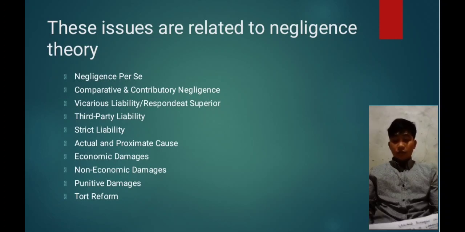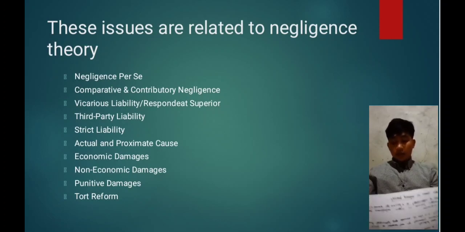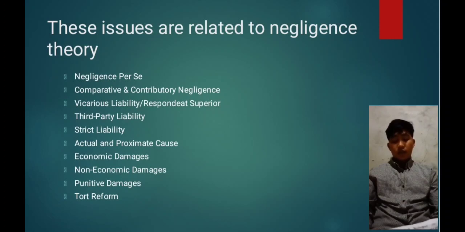Contributory negligence is a doctrine that bars plaintiffs from collecting damages if they are found partly at fault for their accident-related injuries, while comparative negligence is a doctrine that does not.